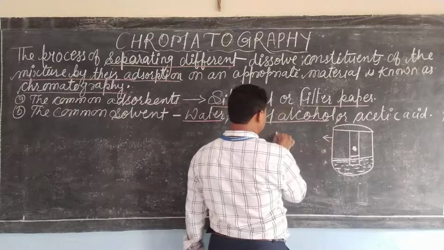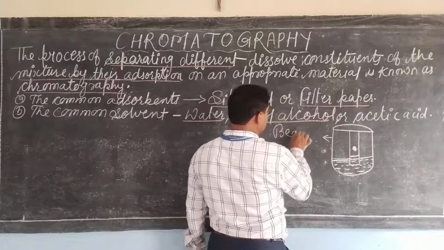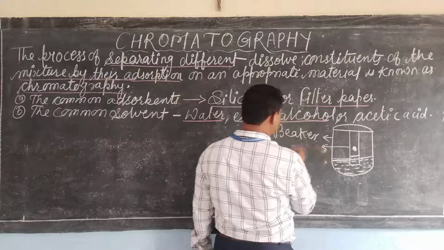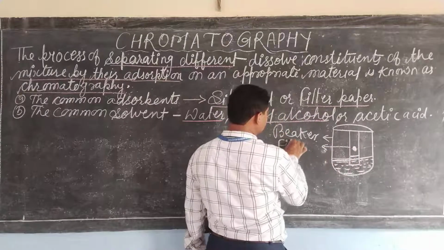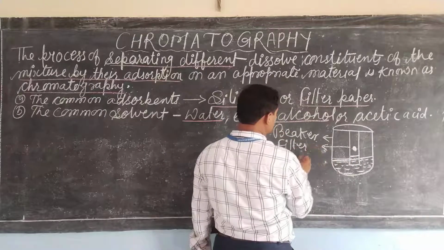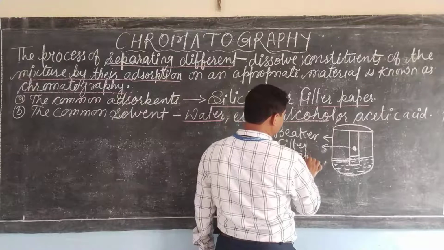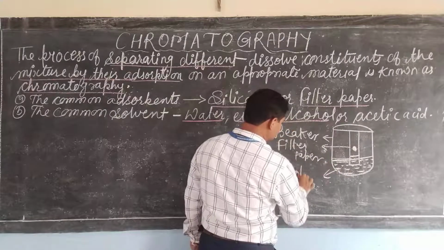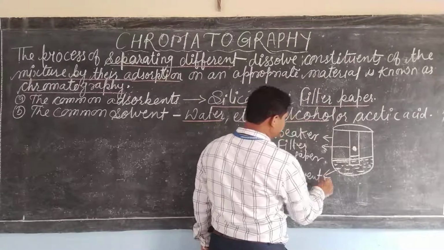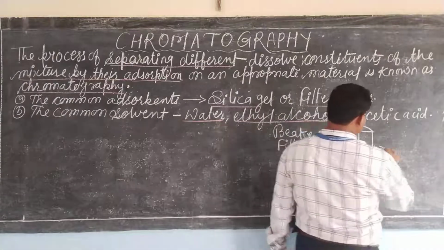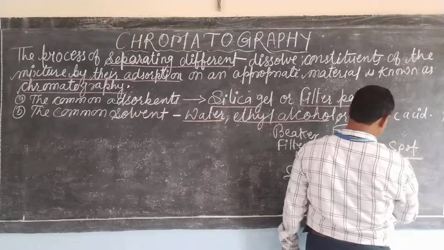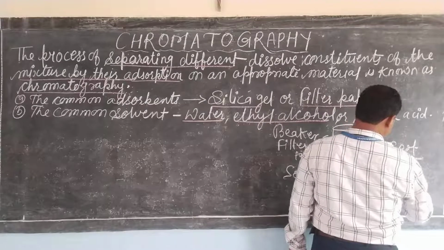So this is a beaker, filter paper, solvent used, and this is a spot. This spot is ink.